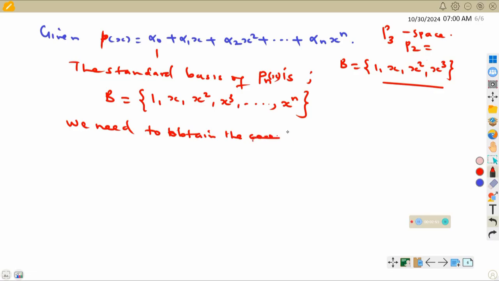In other words, we need to obtain the coordinate vector of P, which we have here, relative to this basis. In order to do that, we must write this P as a linear combination of the vectors in this basis.